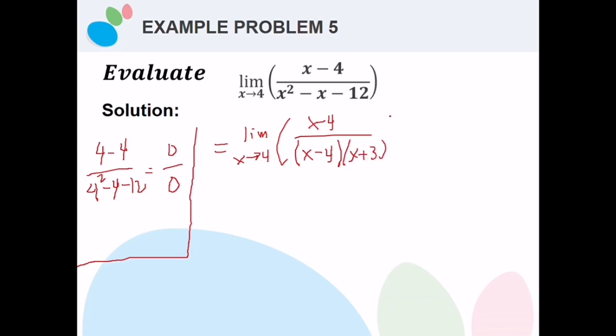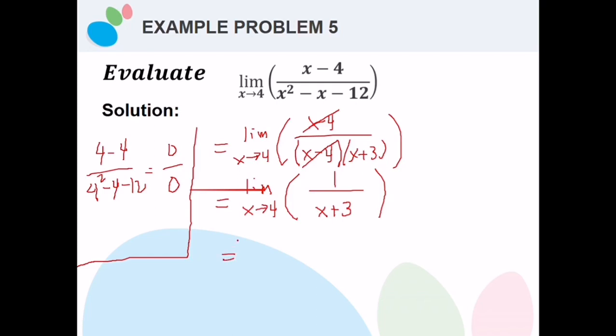The x minus 4 will be cancelled out. The remaining one is the limit as x approaches 4 of 1 over x plus 3. Now we can substitute the value for x. As it approaches 4, we get 1 over 4 plus 3.